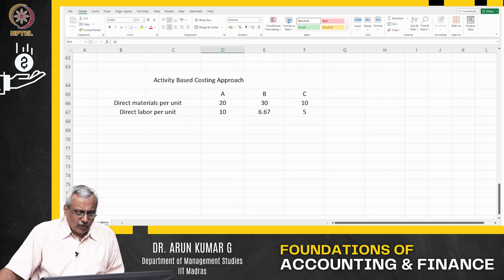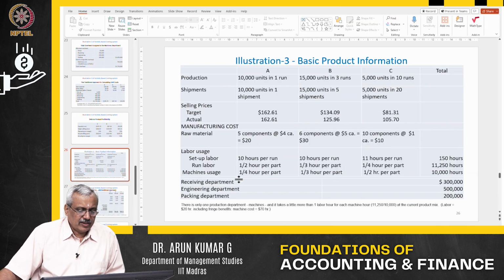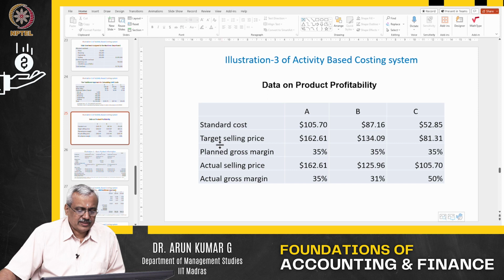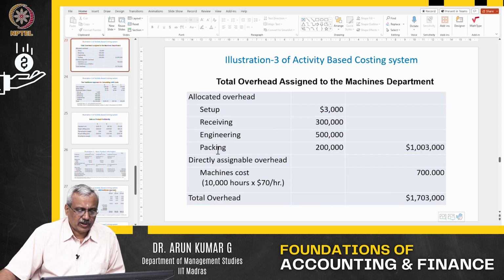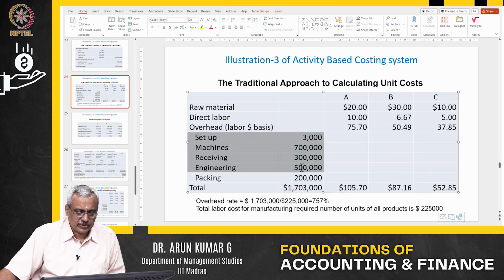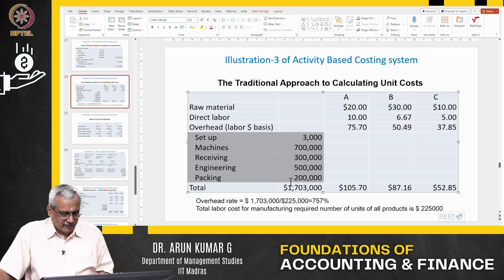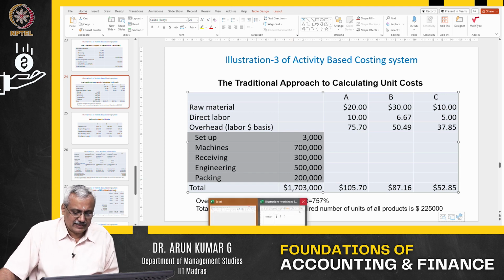Now, what are the other overheads here? Go back and see. Let us list down the other overheads. I'm just going to copy this part and paste it somewhere in the Excel sheet so that it's easier for us to work.